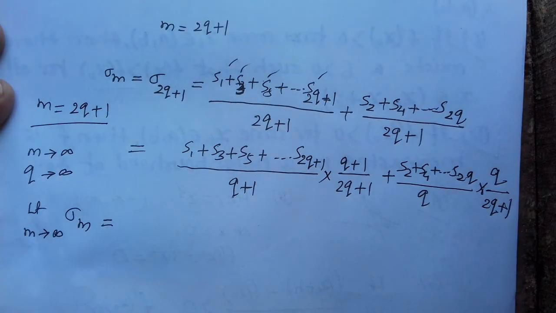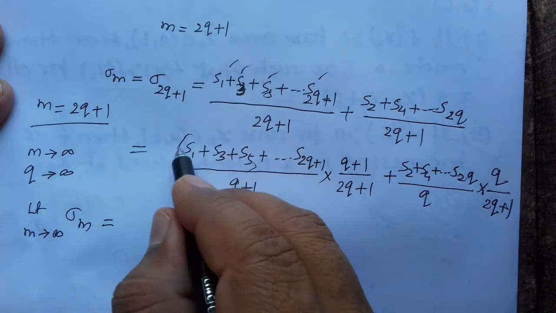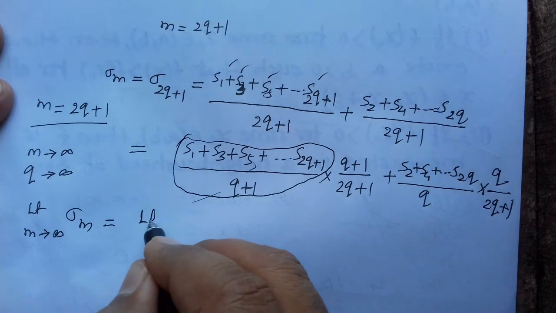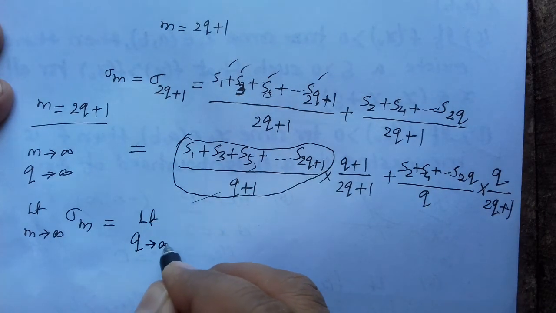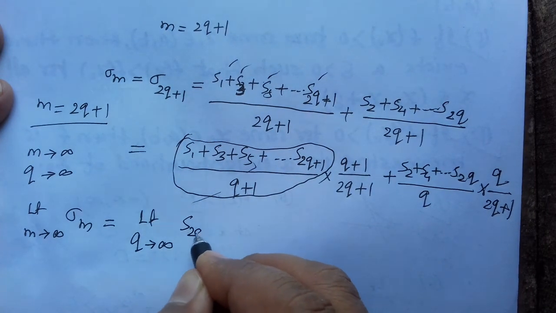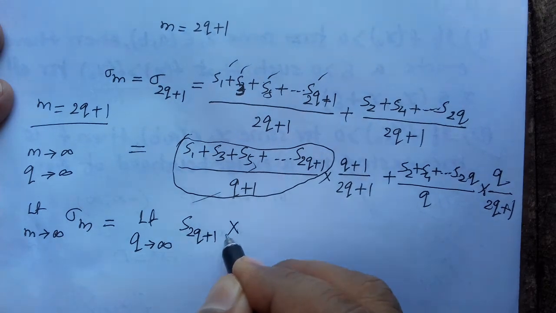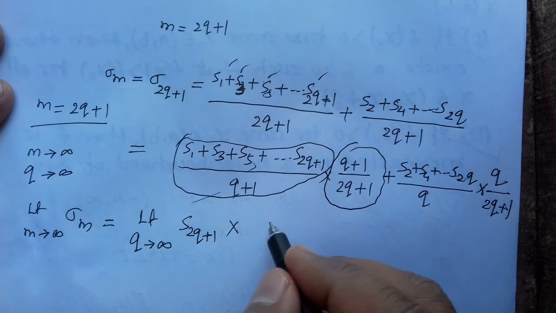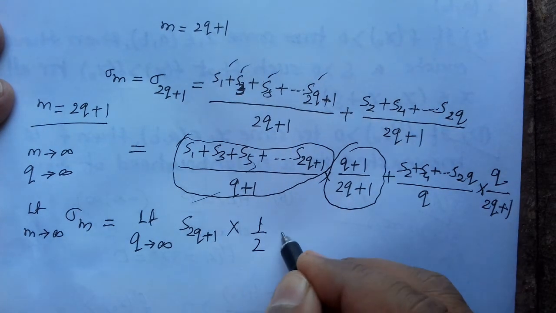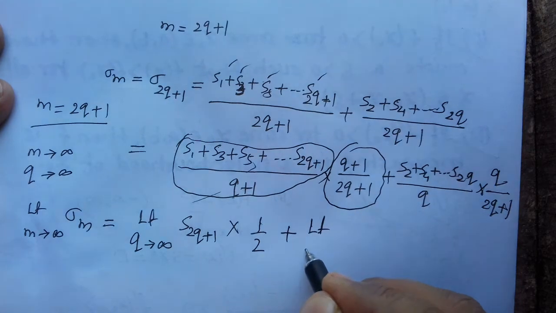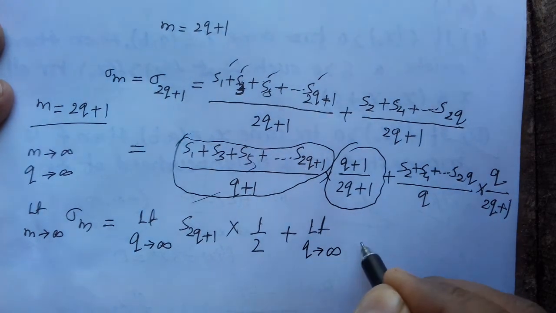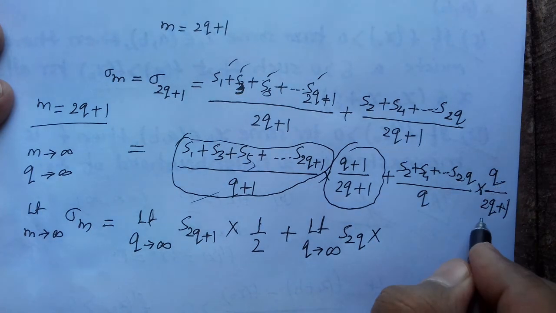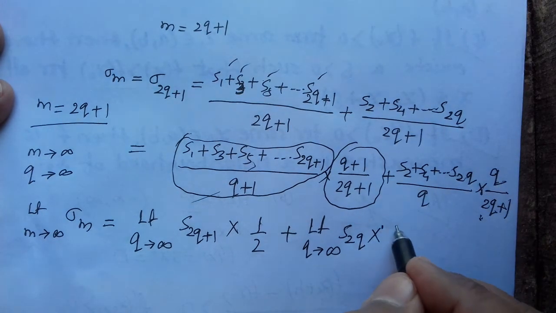According to Cauchy's theorem on limits, this will be the limit as q tends to infinity of s(2q plus 1) and the limit of the fraction (q plus 1) by (2q plus 1) will be half, and the limit as q tends to infinity of s2q, and again the limit of q by (2q plus 1) will be half.